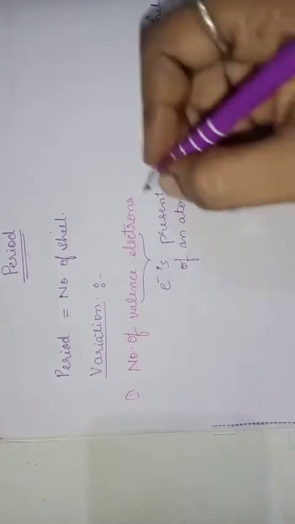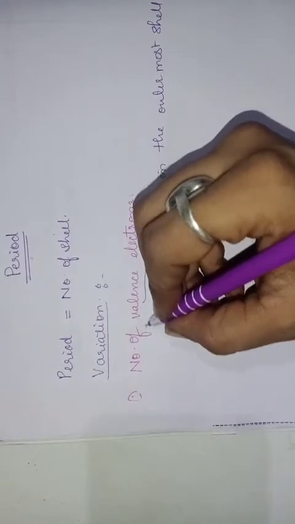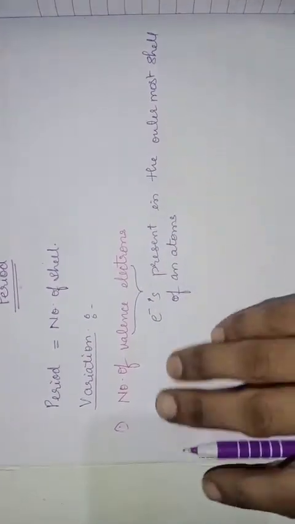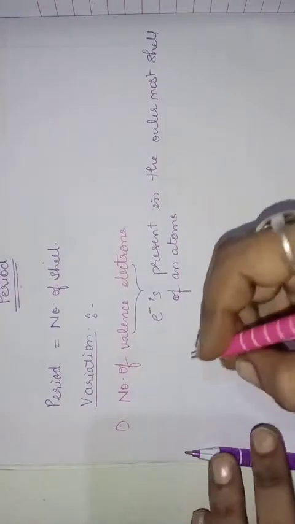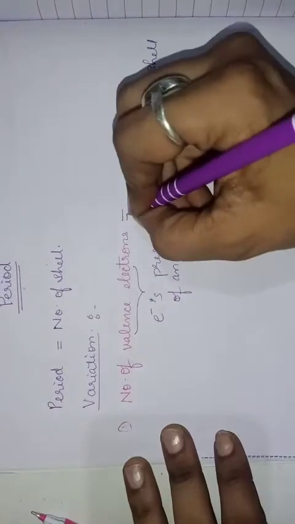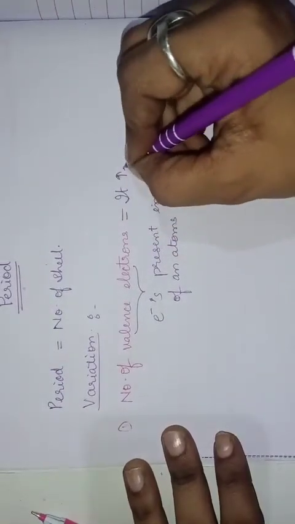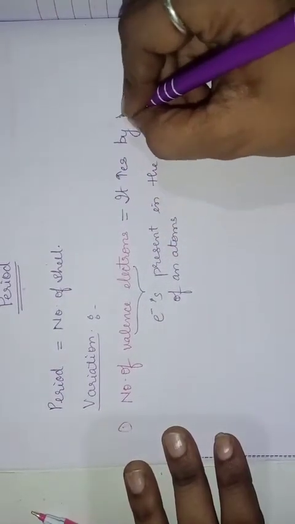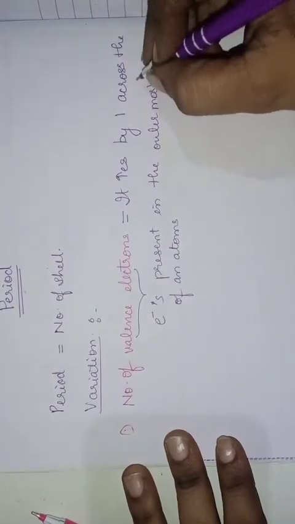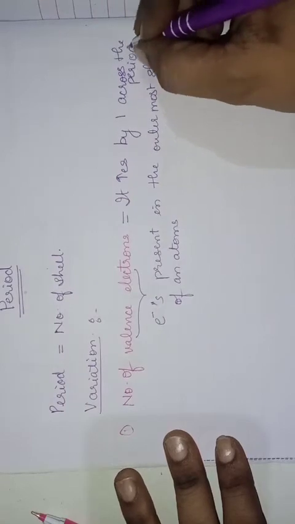Okay, children, so what property are we going to discuss? The number of valence electrons. These are the electrons present in the outermost shell, and they successively increase by 1 across the period. This we have to see.